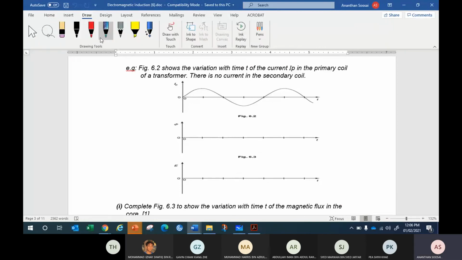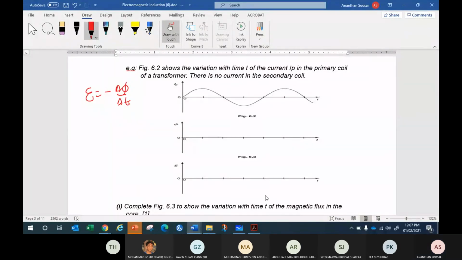Okay, so hope you have tried. EMF is the negative of the change in flux over time. To sketch the graph, you need to include the negative. When you calculate the magnitude of EMF, we ignore the negative, but when plotting the graph, you need to consider the negative.